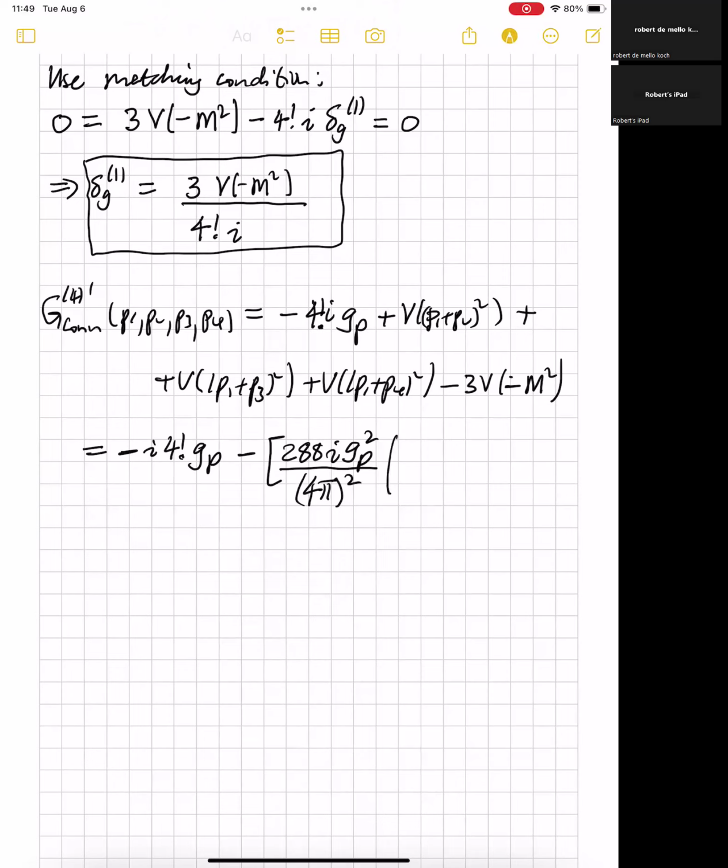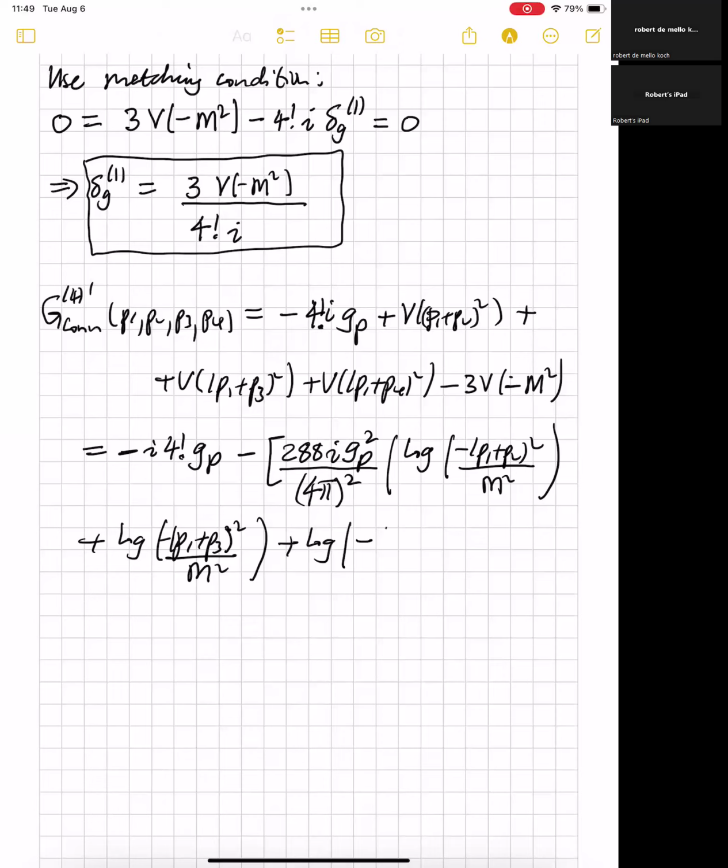And then we have the log of minus (P1 plus P2) squared over m squared plus the log of minus (P1 plus P3) squared, there should be a minus here, over m squared plus the log of minus (P1 plus P4) squared over m squared. Good. And the second term is, of course, of order h bar.